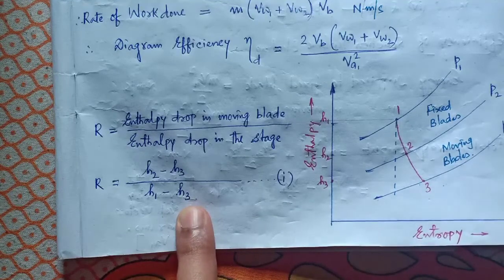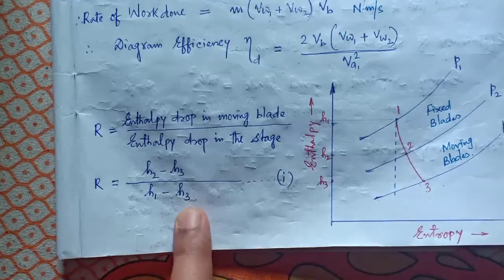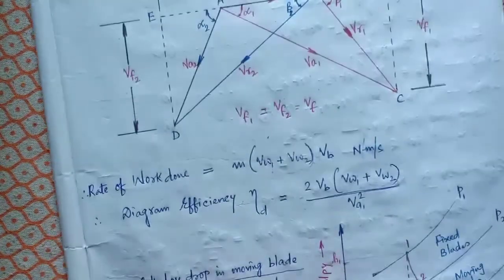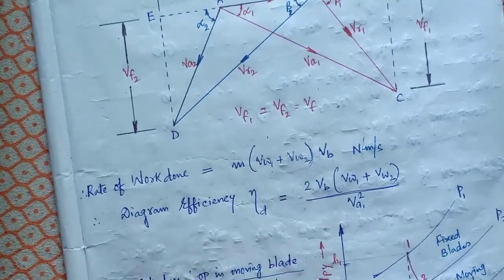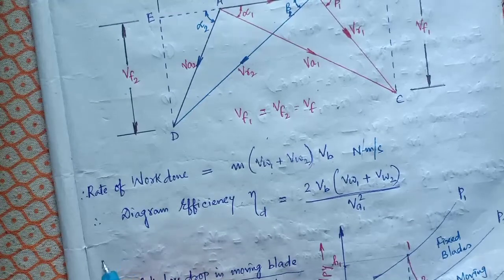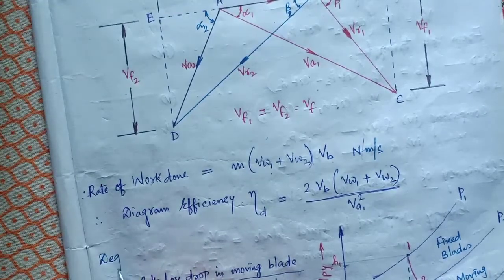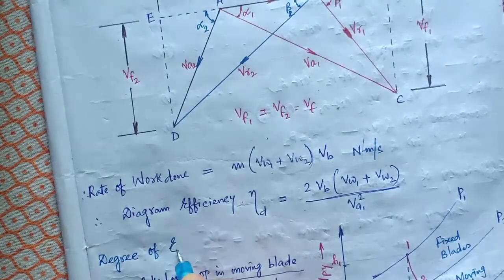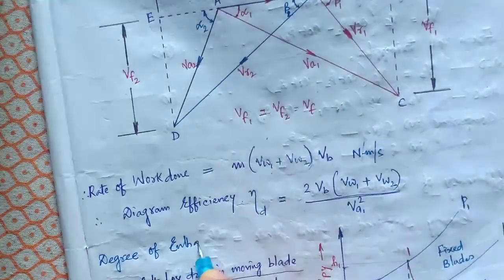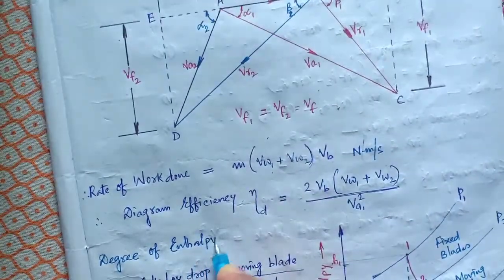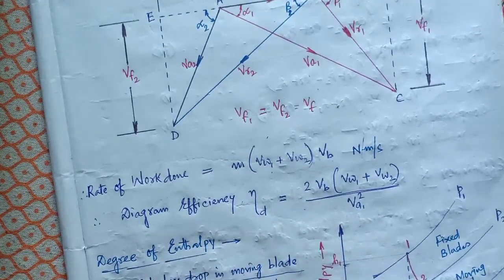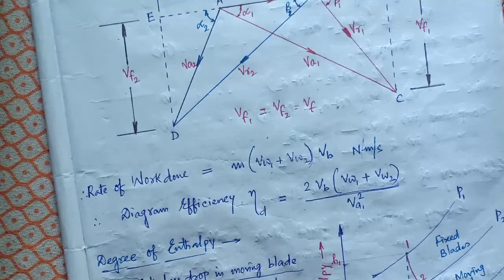Now mathematically, the degree of reaction R can be expressed as this: the ratio of enthalpy drop in the moving blade to the enthalpy drop in the stage.